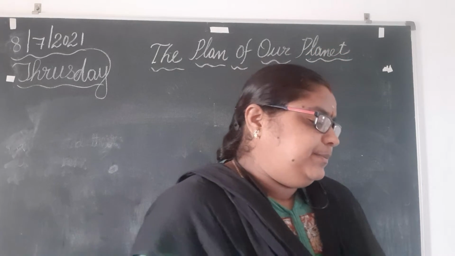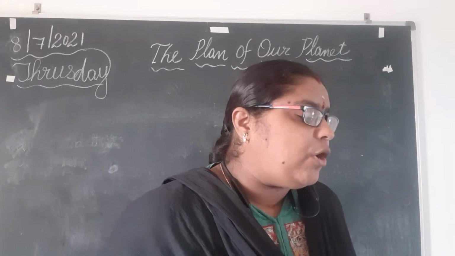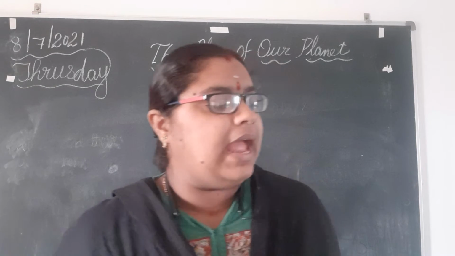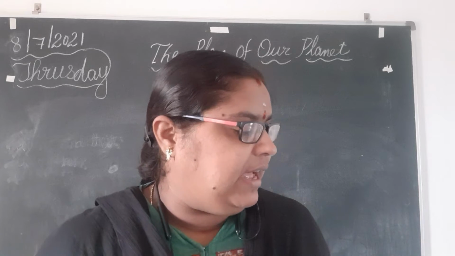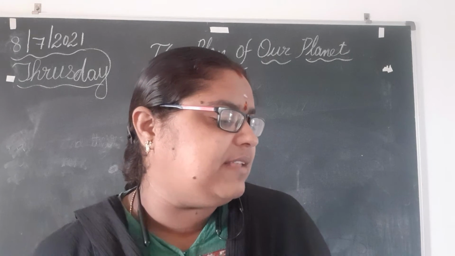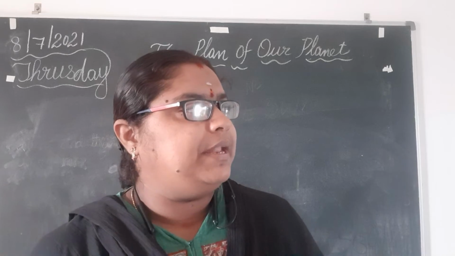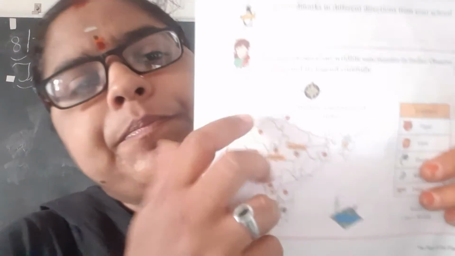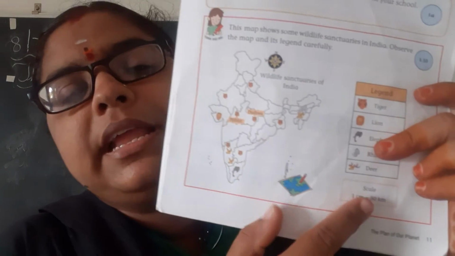Next, what would be the approximate distance between Pilibhit and Dudhwa Tiger Reserve if they were about 3 centimeters apart on the map?